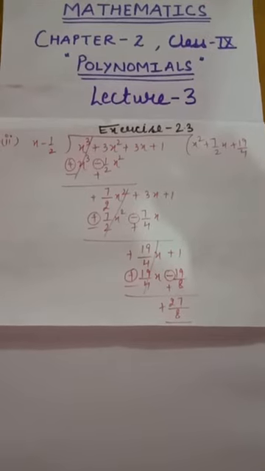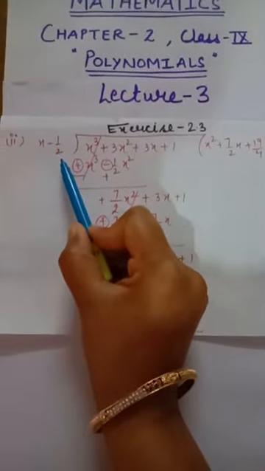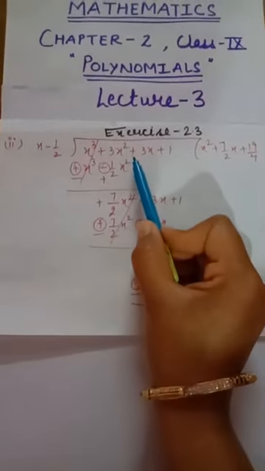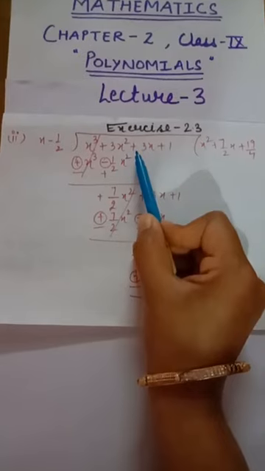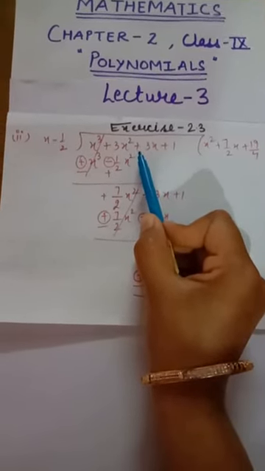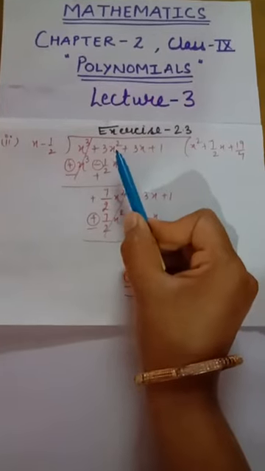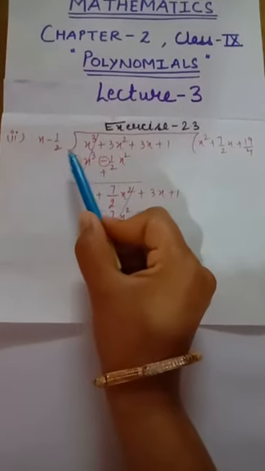So first of all, this is your question: divide this polynomial by x minus 1 by 2. Now the question is how we will derive it, because yesterday we took a very simple example, that was x plus 1. So first of all, like yesterday, we have to take x cube here for the cancellation.